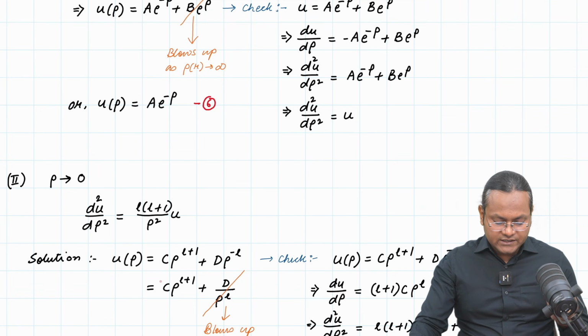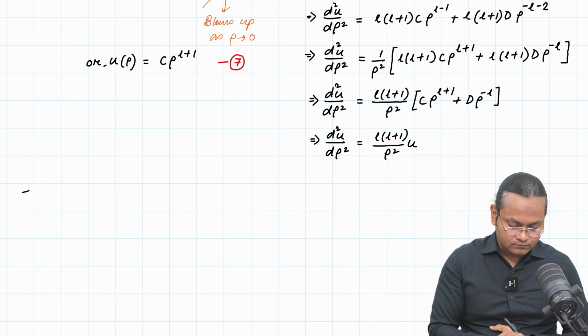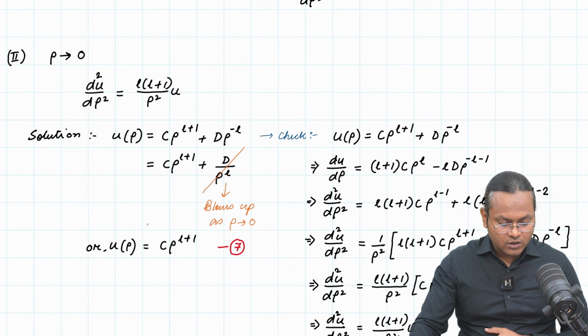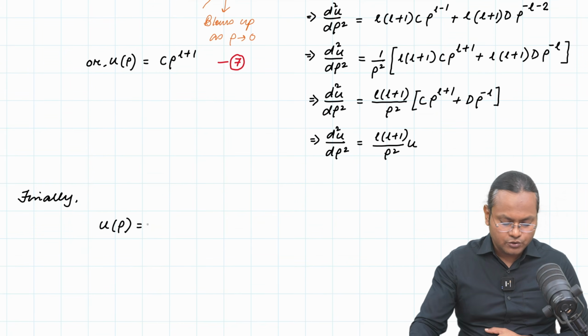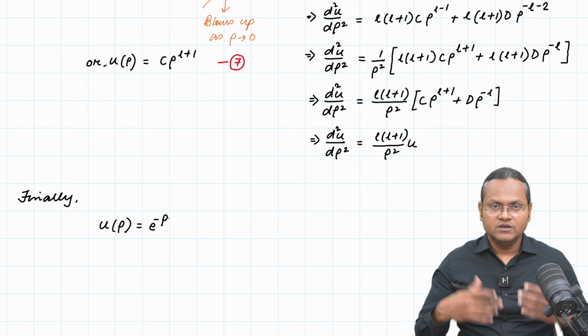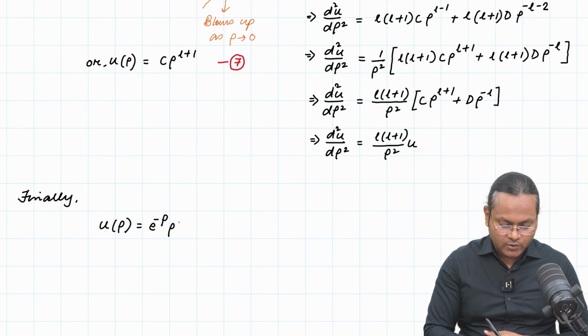So if I combine these two behaviors, finally, u of rho is equal to, the first behavior is what? A e to the power minus rho. I'm just going to write e to the power minus rho. Forget the constants for now because they will be finally revealed during the normalization process. And C rho to the power l plus 1, I'll just write rho to the power l plus 1.